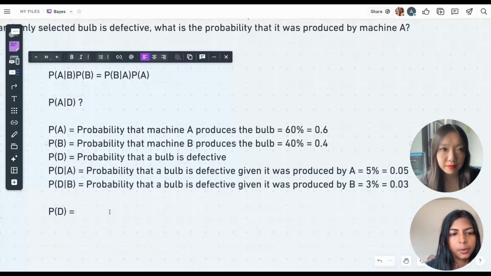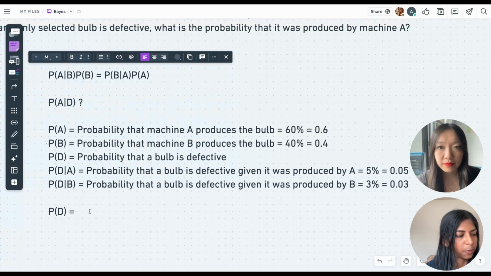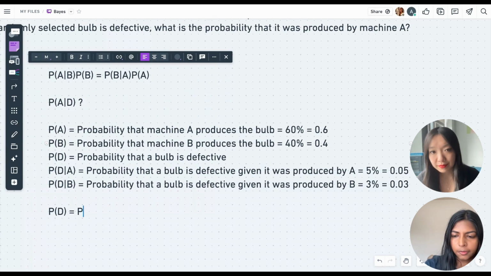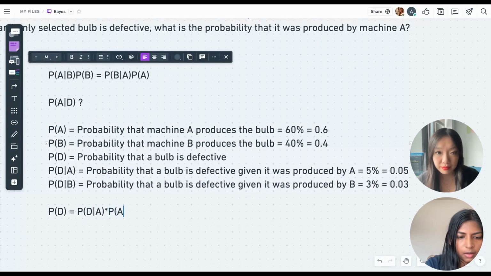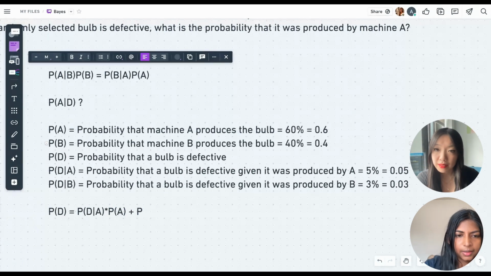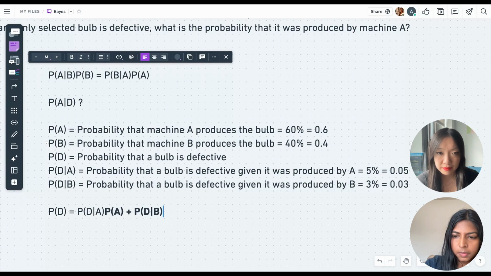So using the laws of probability, to calculate P(D), there are basically two possible outcomes here: either the bulb was produced by machine A or produced by machine B. So therefore the probability that the bulb is defective is basically P(D|A) times P(A), which is, if the bulb was produced by machine A, what is the probability that it is defective, or P(D|B) times P(B).